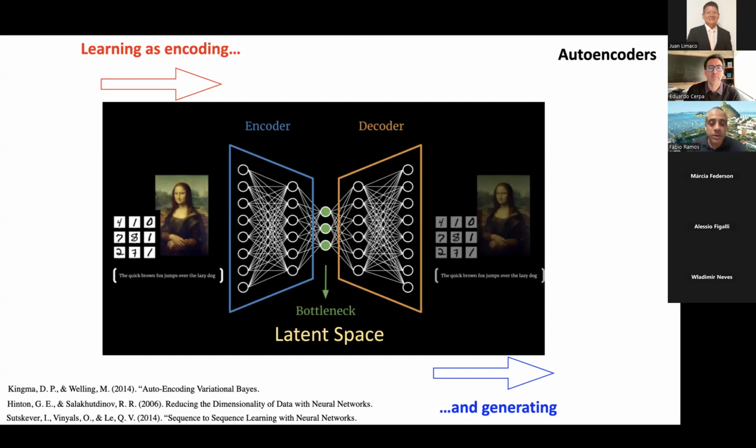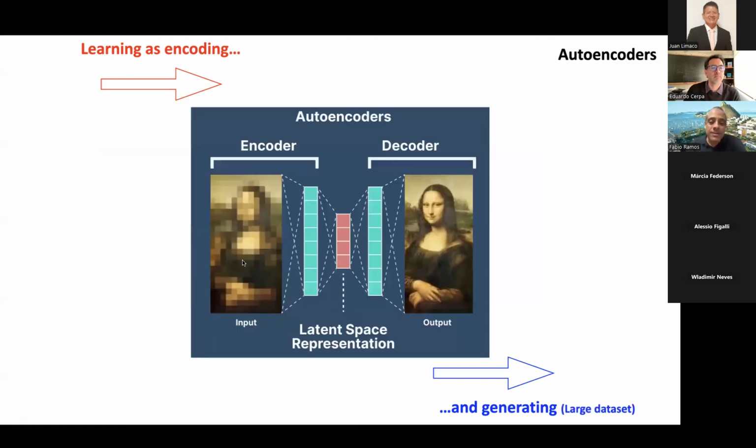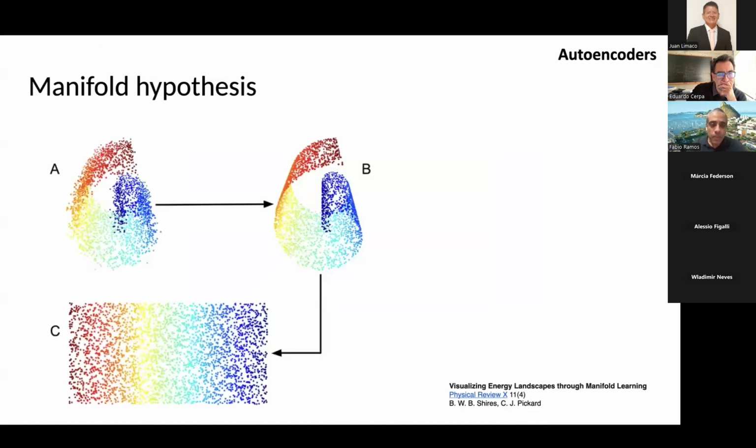So why is it important? Because if I just give you a hint of the picture, a very low resolution of the picture, this network is able to reconstruct everything with just a little hint. So again, this idea of compressing, encoding, and then generating is the idea of an autoencoder.